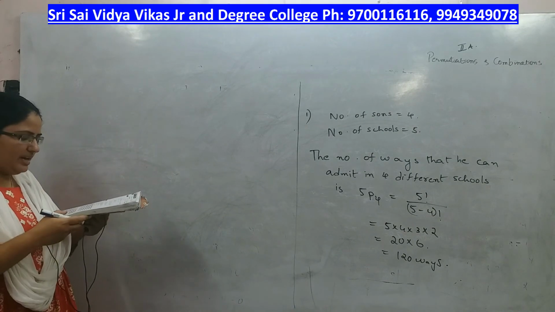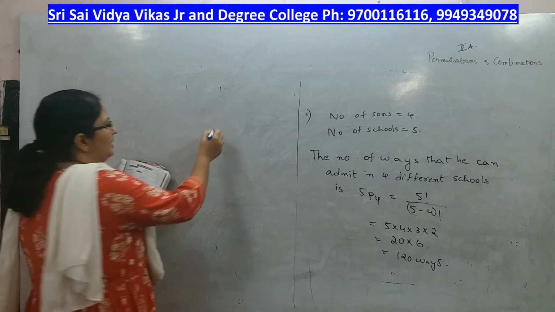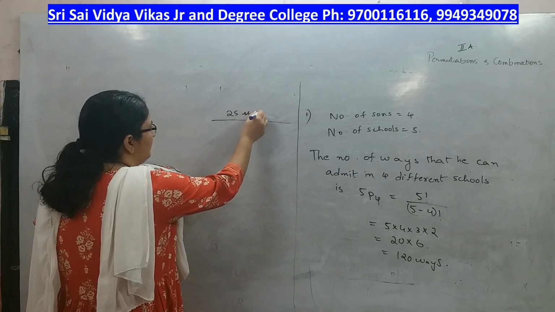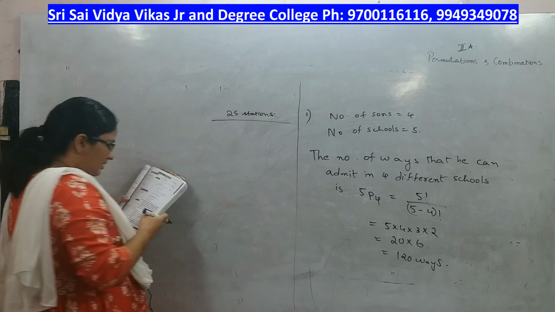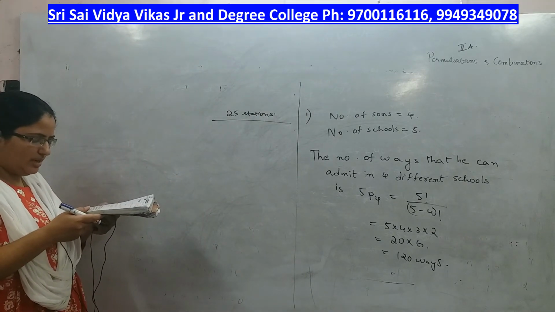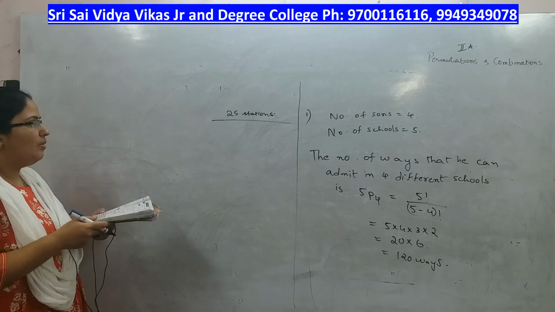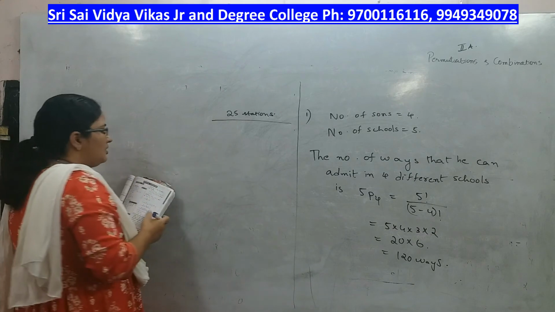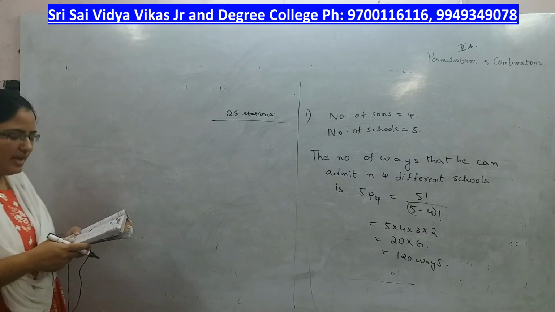In a single railway line there are 25 stations. That can be done in 25P2 ways.